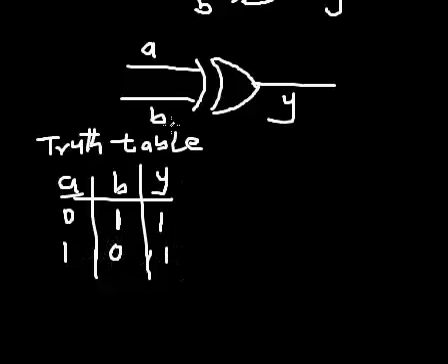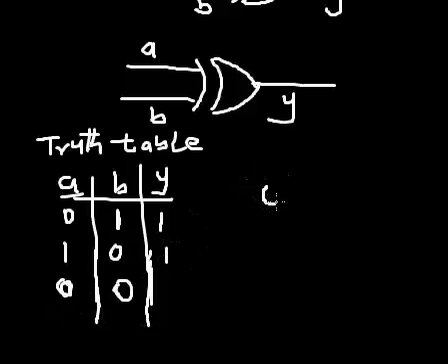But what actually makes it exclusive is that when the two inputs are in the same state, it will definitely give you 0.